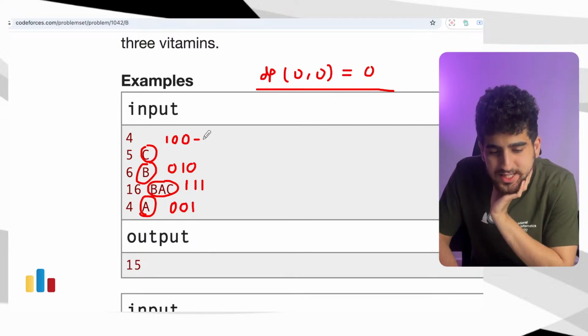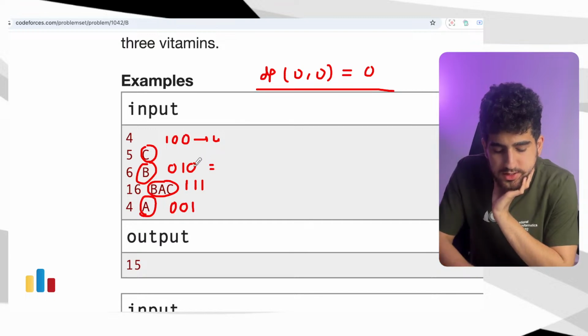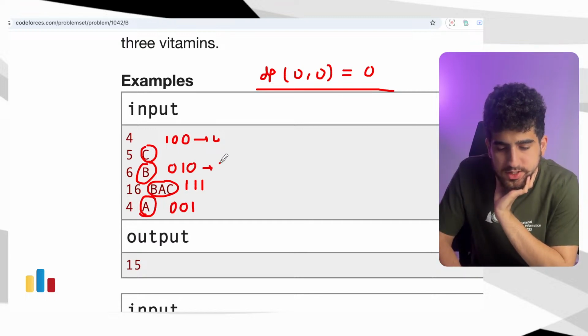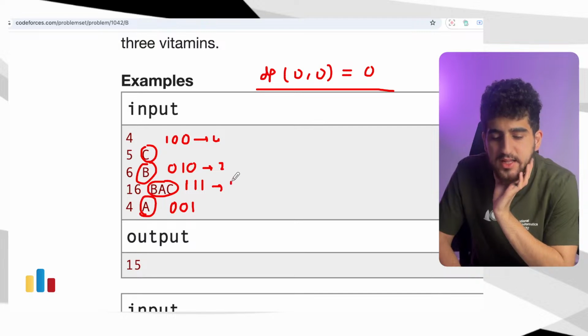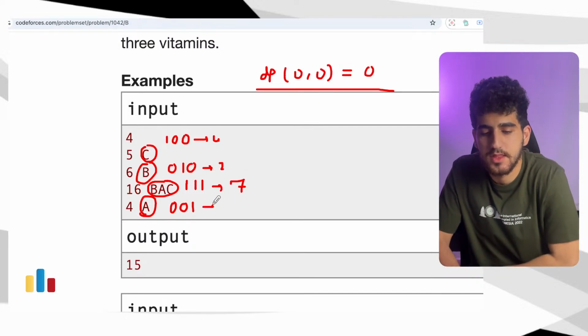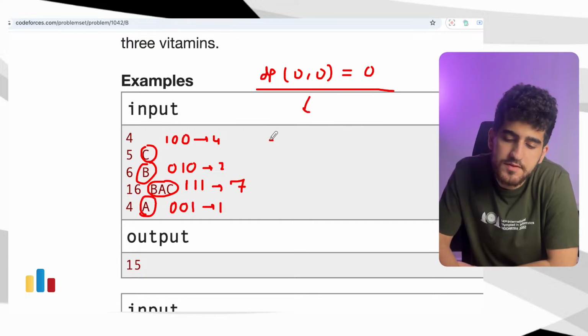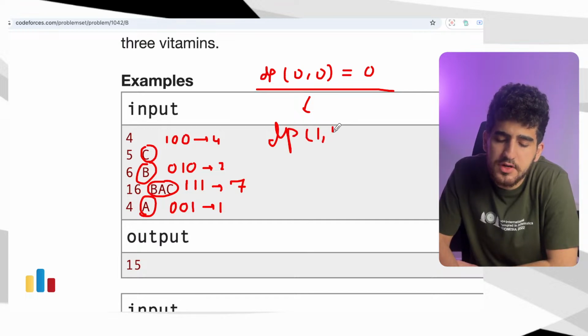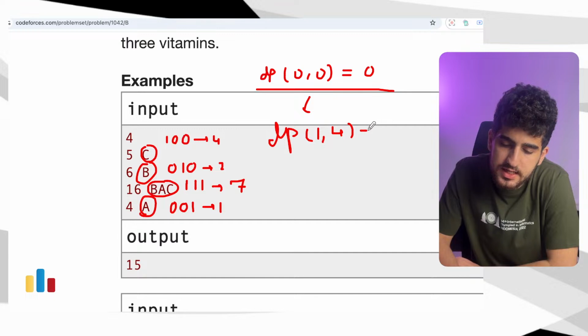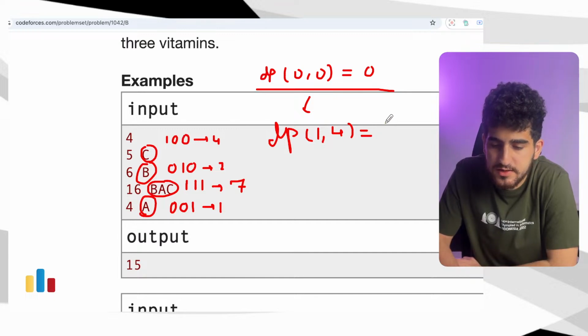So this number is 4, this number is 2, this number is 2, this number is 7, and this last number is 1. So first, when you see this number, it's possible that you buy this, and go to DP of 1 and 4. DP of 1 and 4 gets equal to 5 here. And then you see the next one, B.